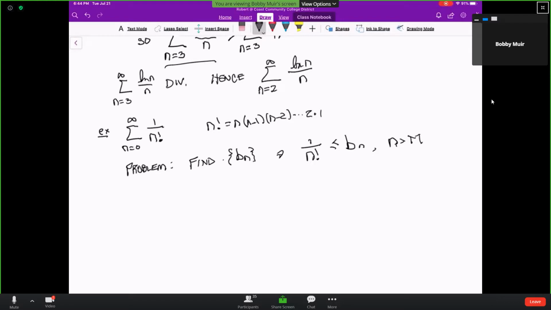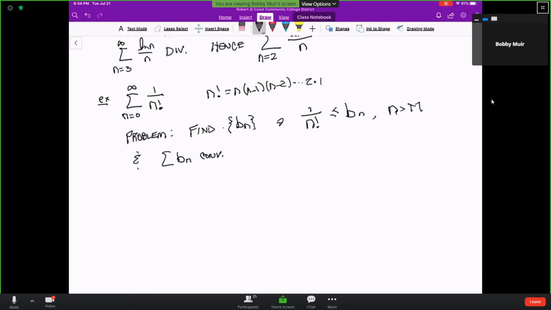We don't have to have it right out the gate, we just have to have it eventually bigger, and the sum of the Bn's converges. Now this is going to be really difficult with this one, so we might have to wait for a much easier test or a more penetrating test.